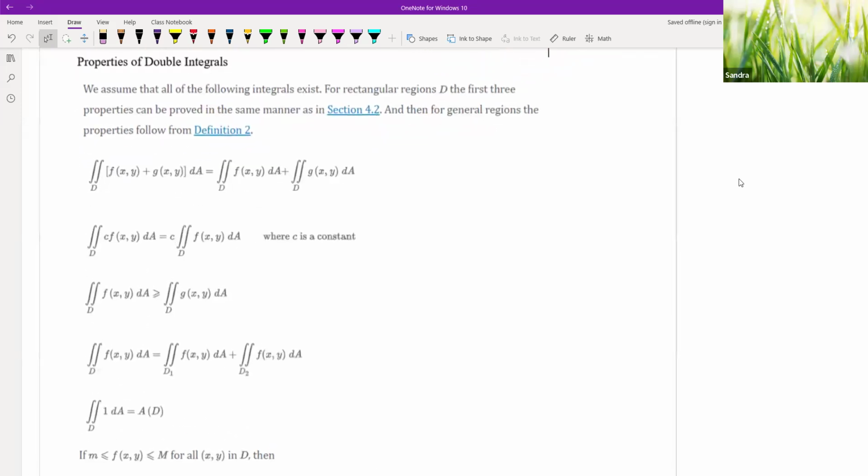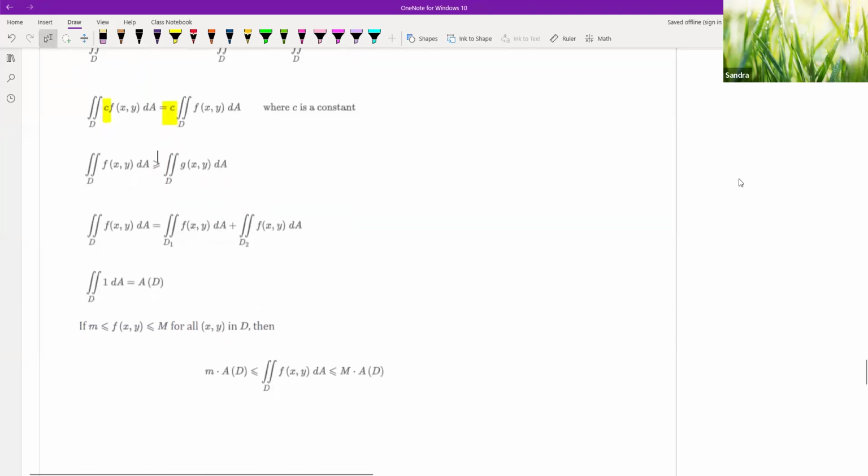For example, if I have the sum of two functions inside the integral, we can separate it into the sum of two double integrals. If we have a constant inside, we can pull out the constant, find the double integral, and then multiply by that constant, etc. These are the properties that you should be aware of.